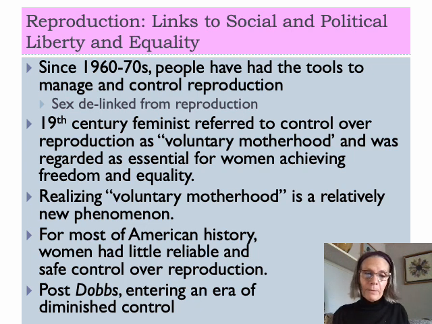And as I was preparing my lectures for today, these are my first sets of lectures post-Dobbs, I'm realizing that we may be entering an era of not voluntary motherhood or voluntary parenthood, but involuntary motherhood, involuntary parenthood. We are entering an era of diminished control over reproductive freedom.